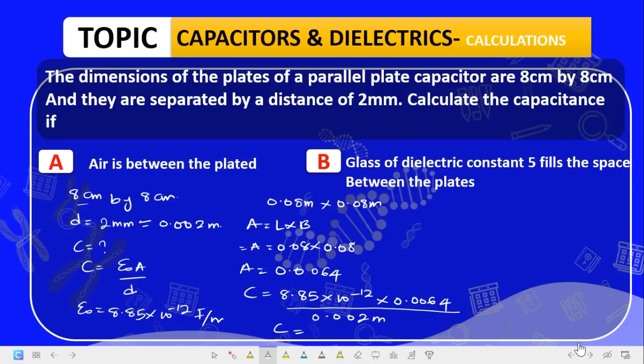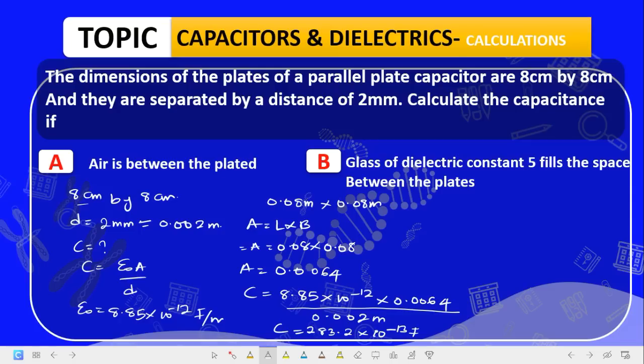When you solve that, it's going to give us 283.2 times 10 raised to the power of minus 13 farad.